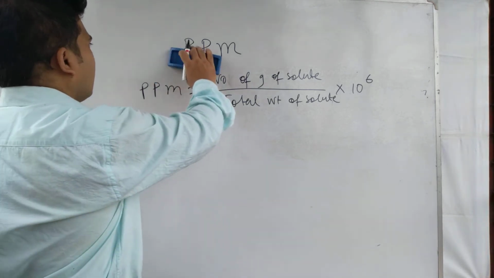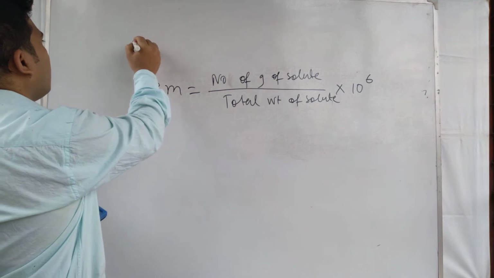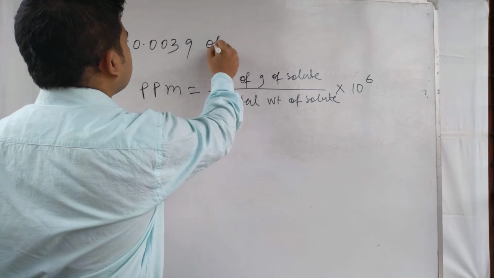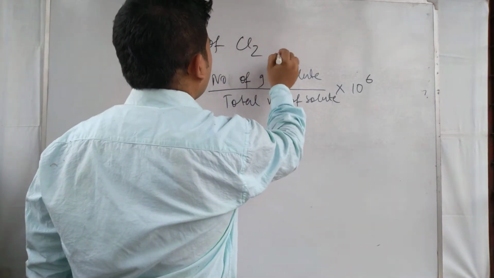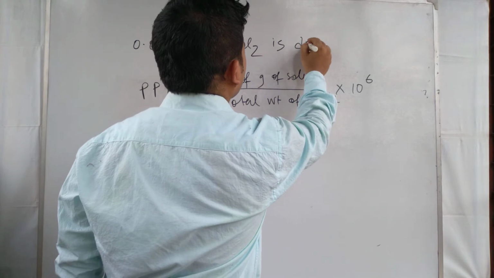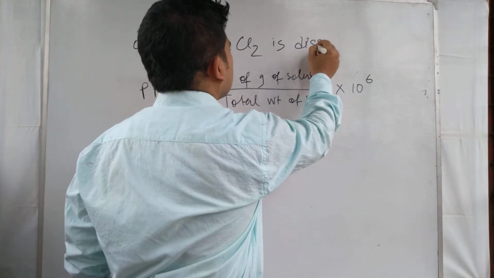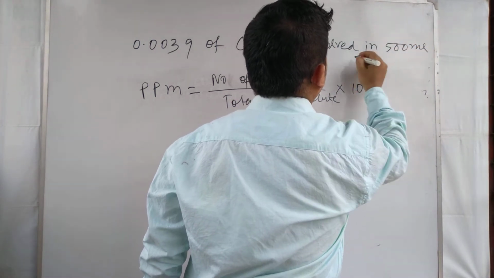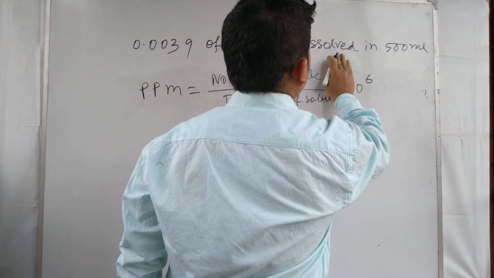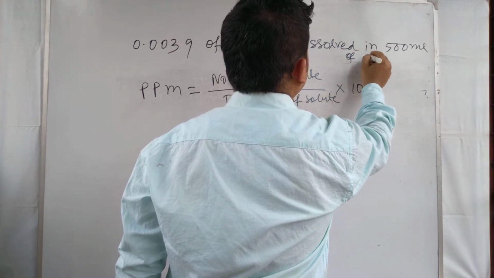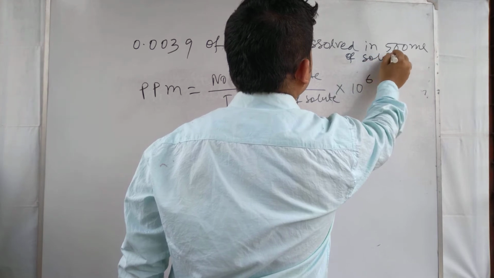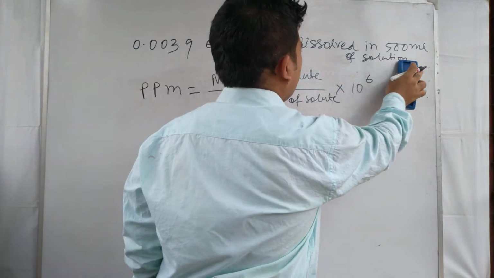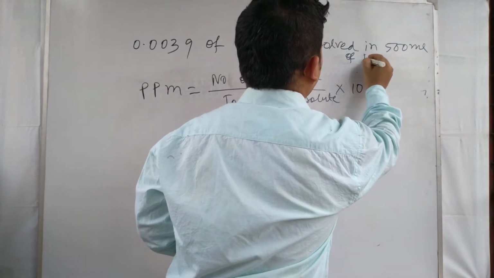Now we see an example. Suppose 0.003 gram of chlorine is dissolved in 500 ml of solution, 500 ml of water.